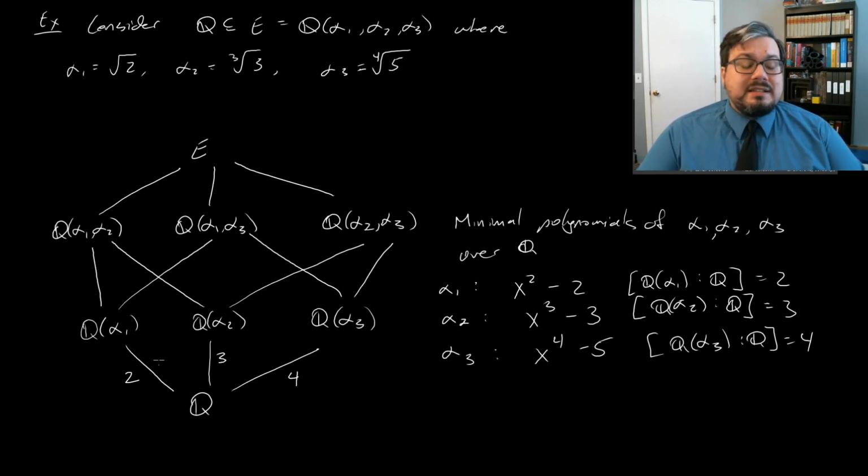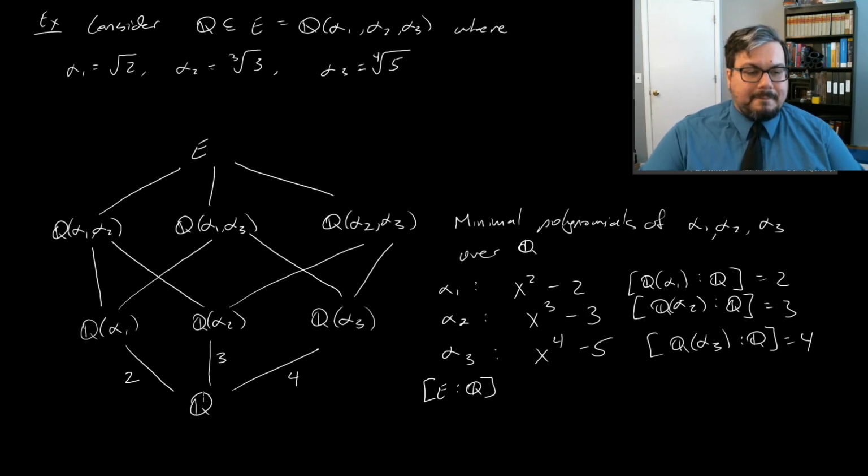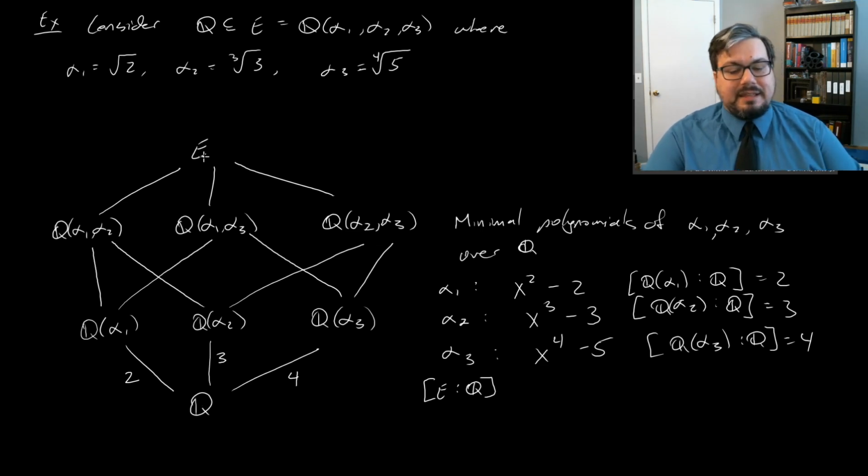Now, this allows us to tell something about the degree of E over Q right away. So this tells us that the degree of E over Q has to be equal to the degree that you get when you multiply the degrees going along any path, starting at Q down here at the bottom and going up to E. So that means that the degree of E over Q is divisible by 2, 3, and 4.